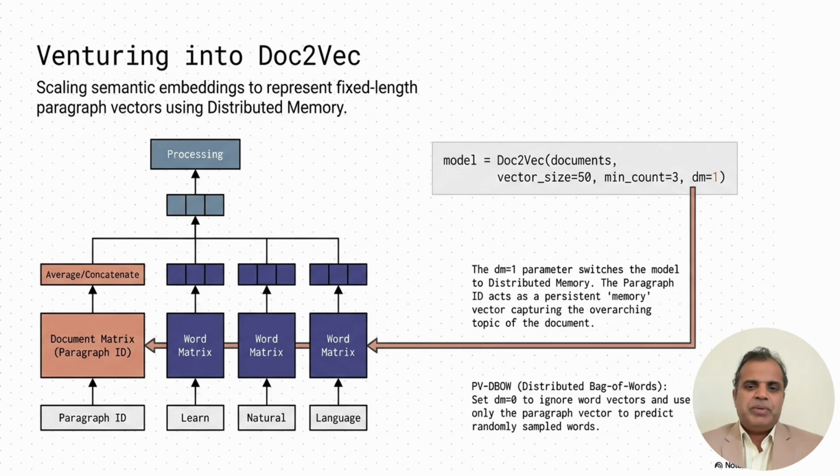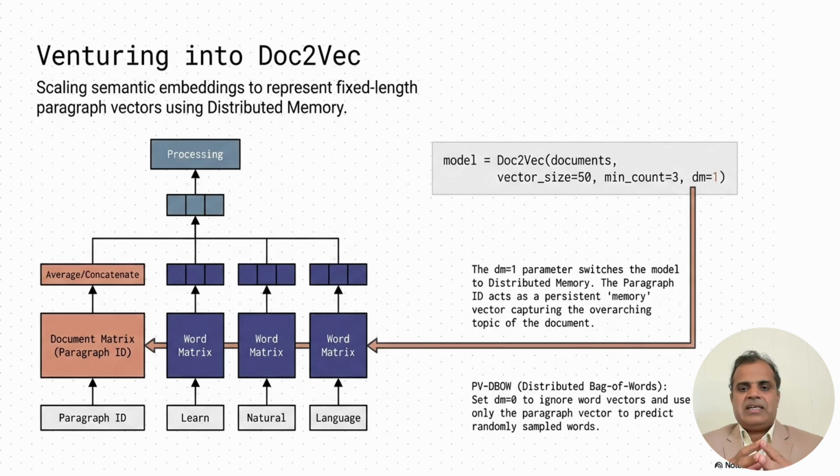Moving beyond individual words, Doc2Vec allows us to represent entire paragraphs as fixed length vectors. While we could simply average word embeddings, Doc2Vec does better by introducing a paragraph ID. In the paragraph vector distributed memory approach, called PV-DM, this ID acts as a persistent memory that captures the overarching topic while predicting words.